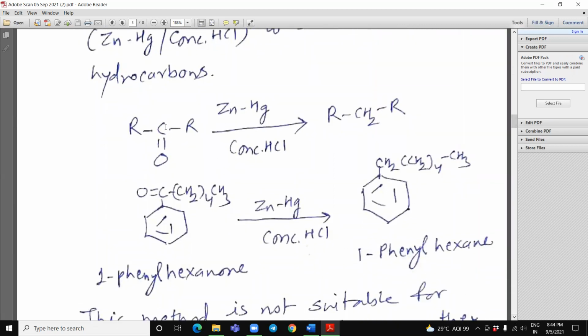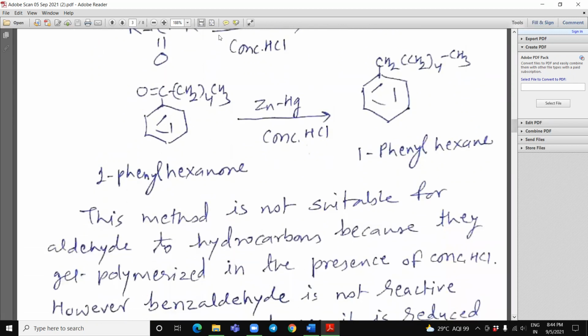When ketone is treated with zinc amalgam in presence of concentrated HCl, it will give hydrocarbon. See here, if 1-phenyl hexanone is reduced in presence of zinc amalgam and concentrated HCl, it will give 1-phenyl hexane.